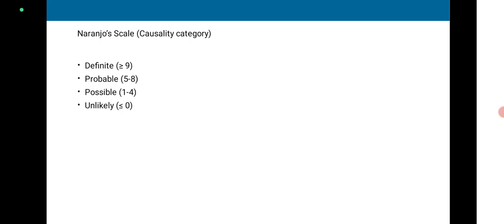If the sum is 9 or greater, the ADR is called a definite ADR. If the score is between 5 and 8, it is called a probable ADR. If it is between 1 and 4, it is called a possible ADR, and if the score is less than or equal to 0, it is an unlikely ADR.